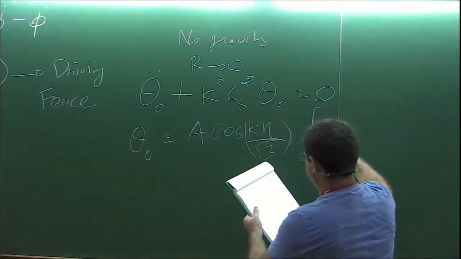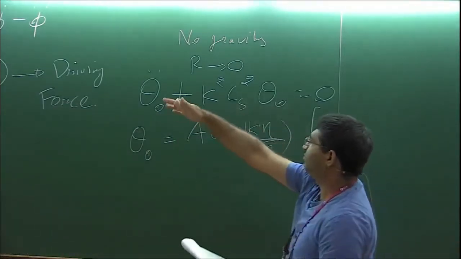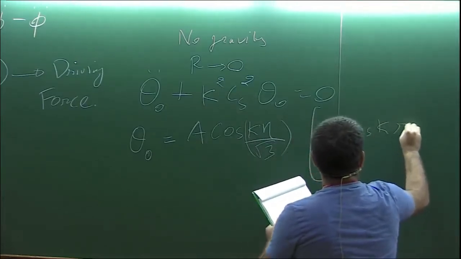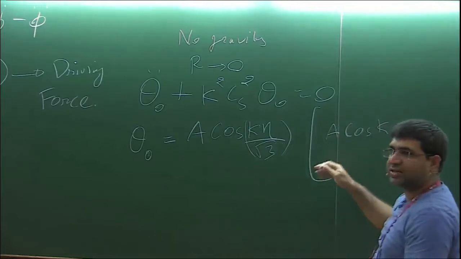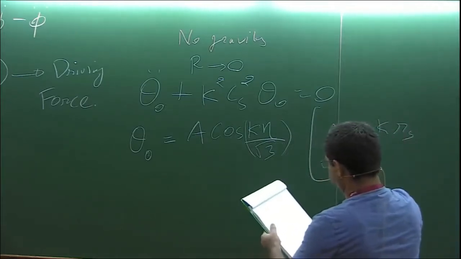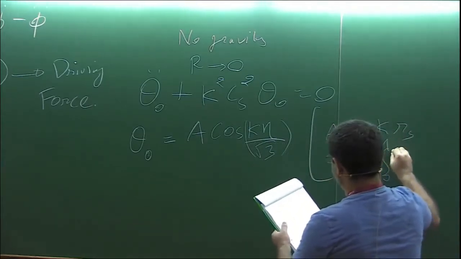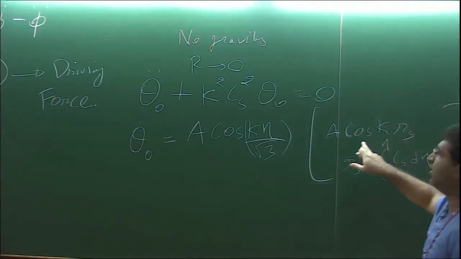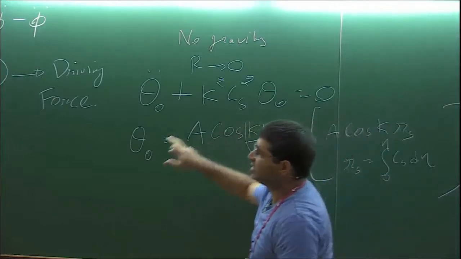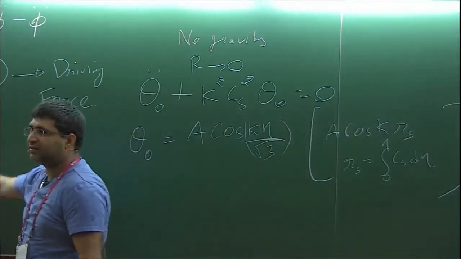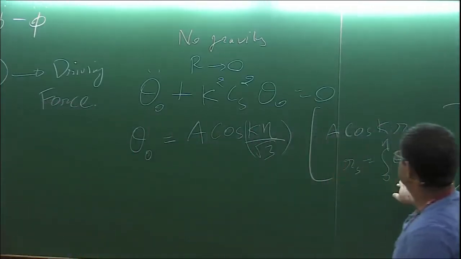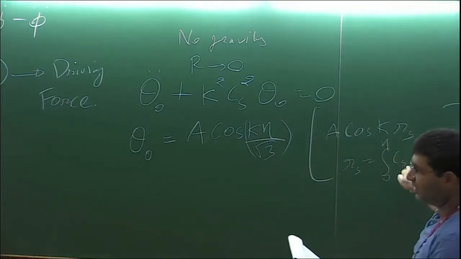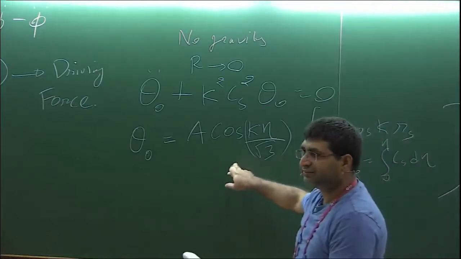You can solve it in the more general case also, and then it is cosine of k Rs, where Rs is something known as the sound horizon. So this is the solution if you keep the full Cs, and in the limit that Cs is just 1 over square root of 3, we get this.